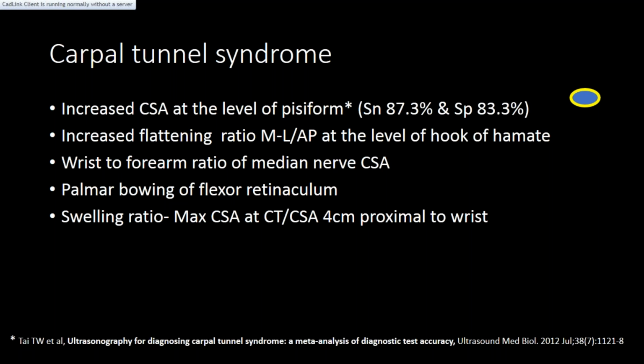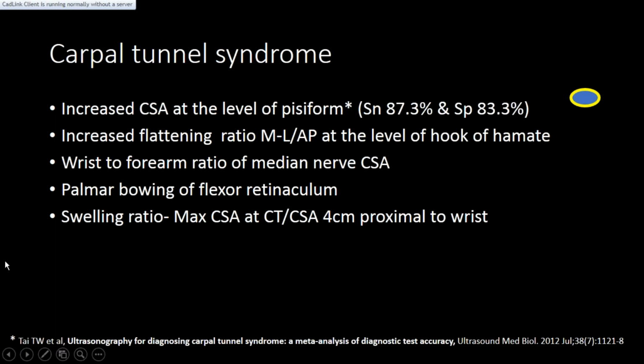It has a sensitivity of 87.3% and specificity of 83.3%. So this is the single best sonographic measurement. If you have to pick one of the measurements out of the 5 here, I would pick the cross-sectional area measurement of the median nerve at the level of the pisiform.